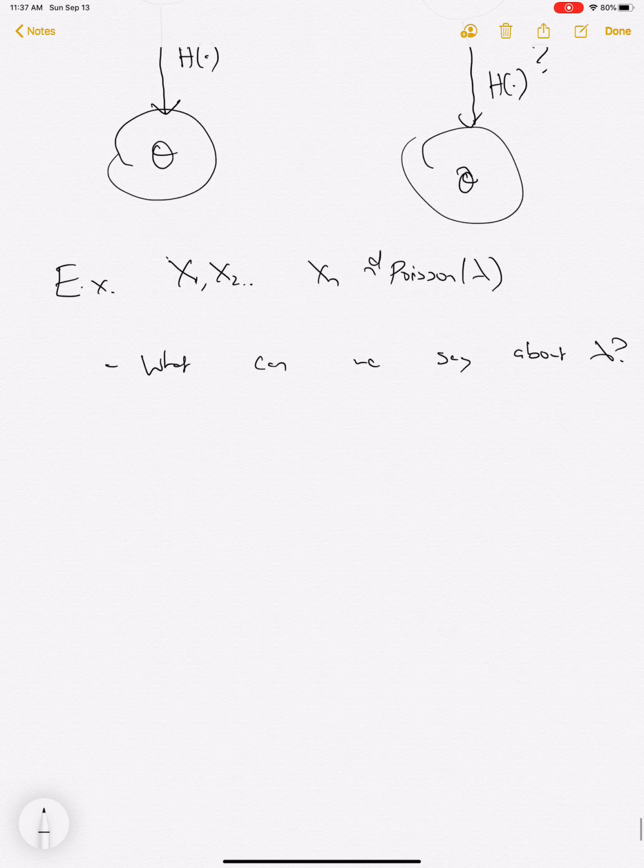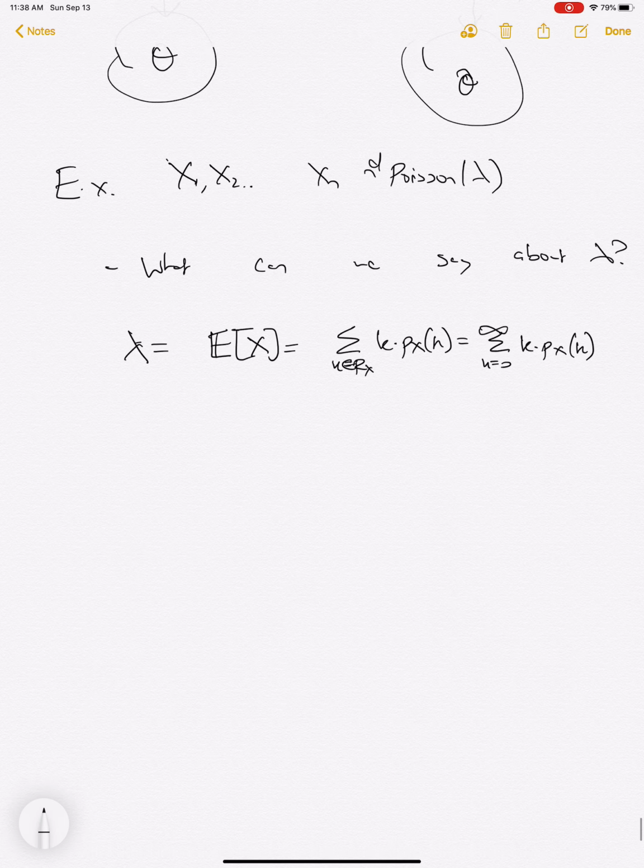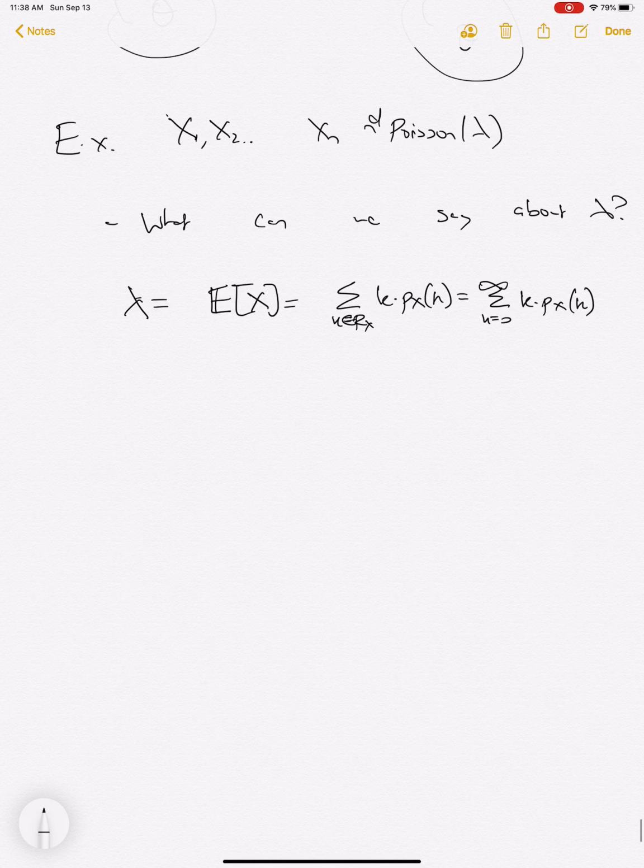We know that lambda is equal to the expectation of x, which equals the summation over k in Rx of k times px of k.